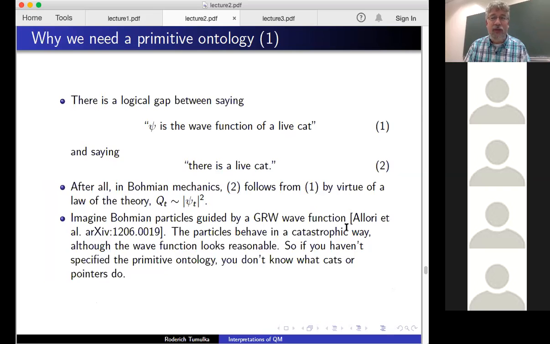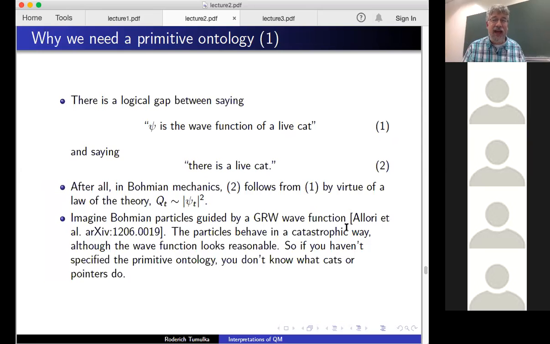Why would anybody think that after having these collapses, it's not enough just to have a wave function? So I will describe some reasons why people think that. Here's one.